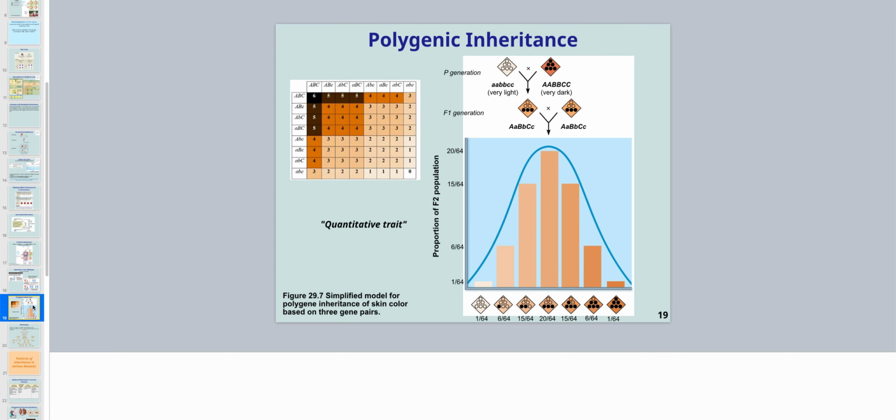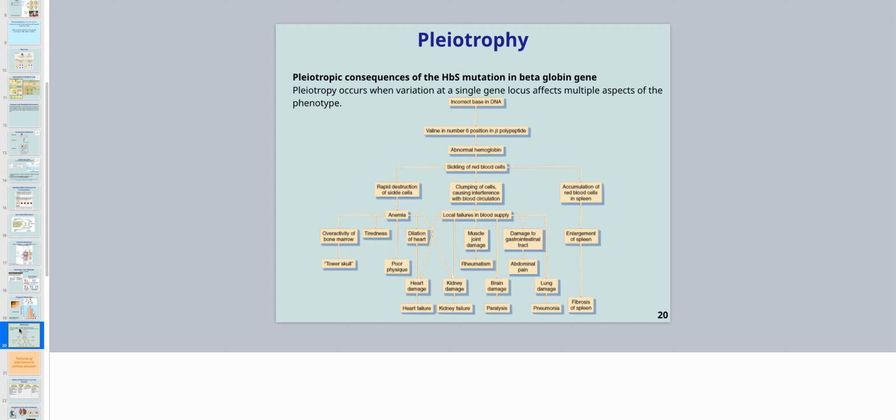Pleiotropy is sort of the opposite of polygenic inheritance. Polygenic inheritance is where multiple genes determine a single trait. Pleiotropy is where a single gene affects multiple aspects of a phenotype. The example given here is, again, the sickle cell gene. Sickle cell anemia and the globin gene can have multiple implications.